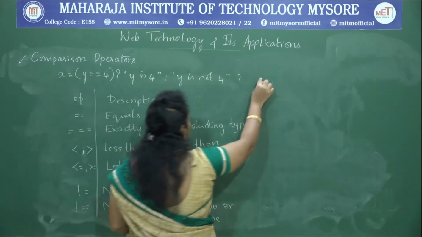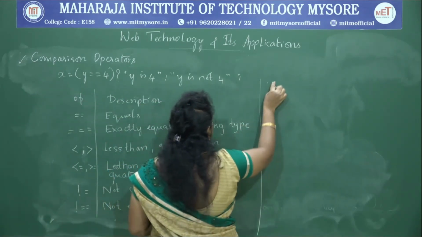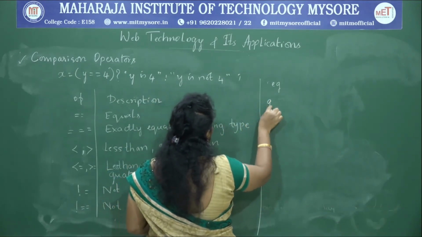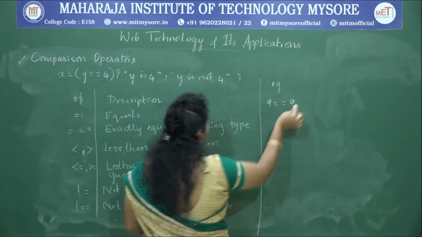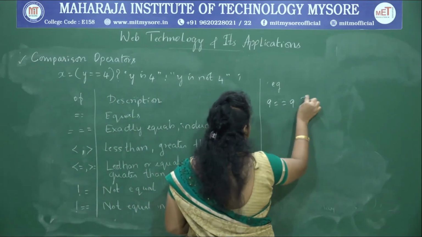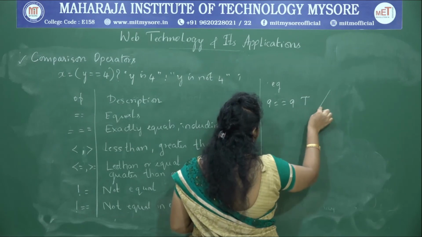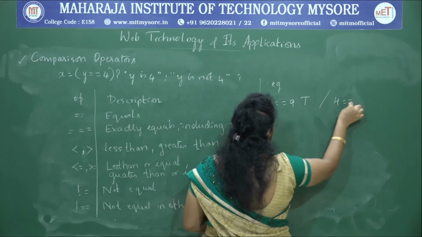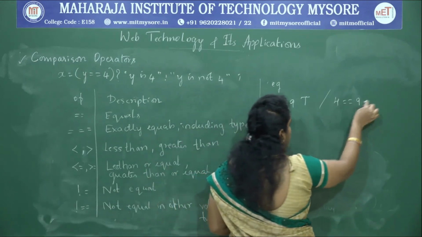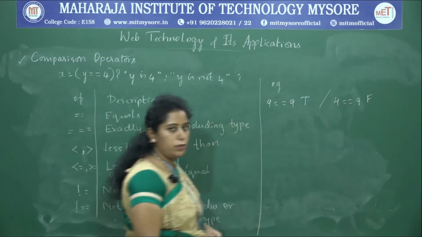For example, I am going to write an example here. Equals. Assume 9 is equal to 9. Whether it is true? Yes, it is true. So next take another example. 4 is equal to 9. Are both the same? No, it results in false.